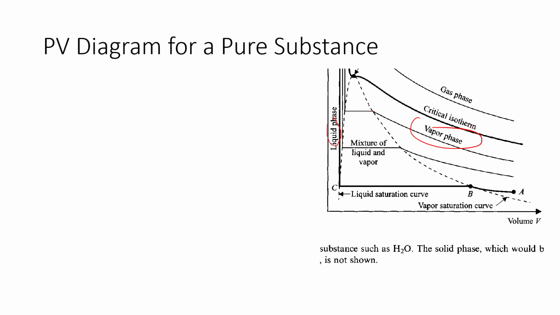As you compress the gas along these isothermal lines, it will be compressed up to this point, in gas phase or vapor phase, and at that point it will undergo the phase transition. It will be converted to liquid, and along this line there would be a mixture of liquid and vapor.